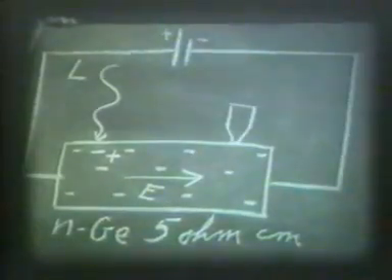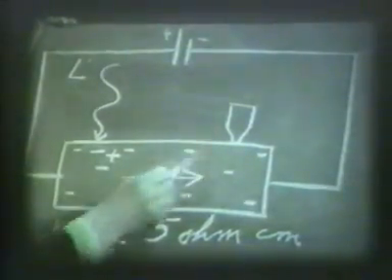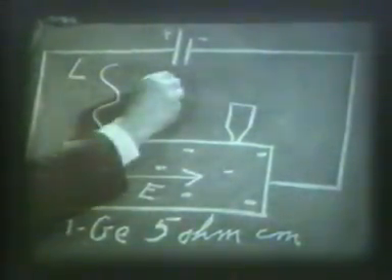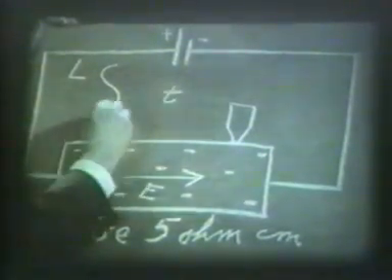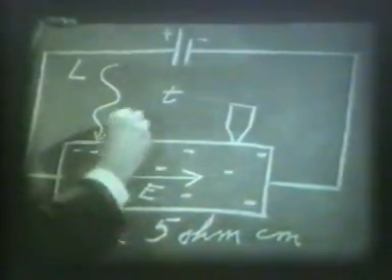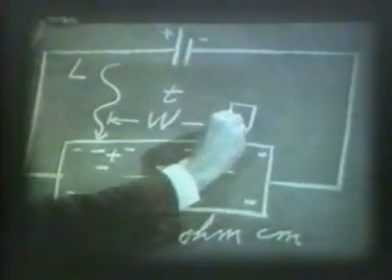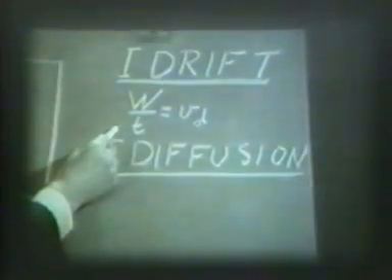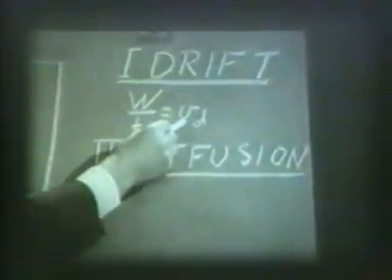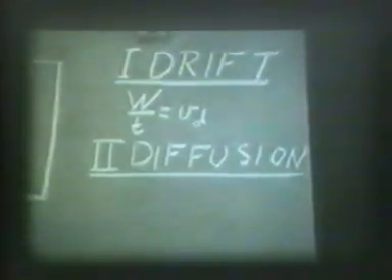With this source medium detector configuration, we can measure the transit time, T, and the distance, W, and thus determine drift velocity, W divided by T equals d sub d.